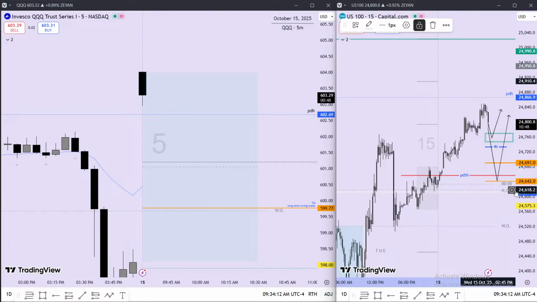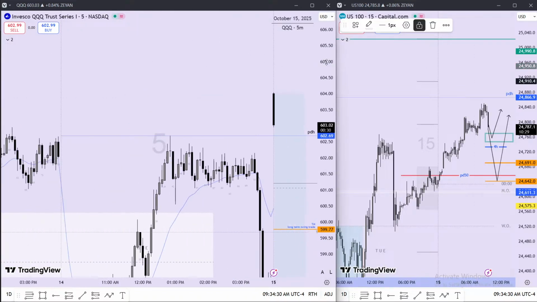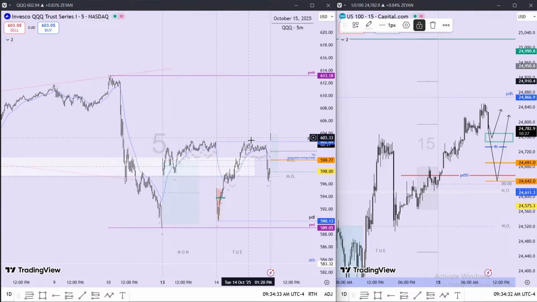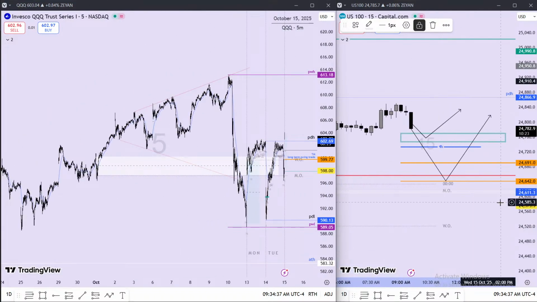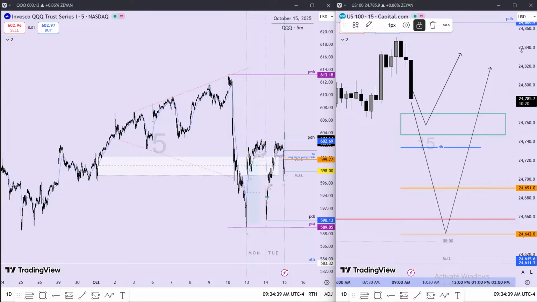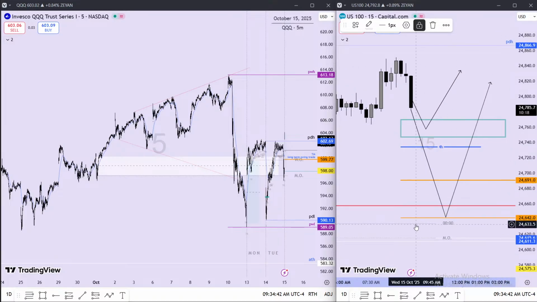the first 5 minutes is about to close as a bearish bar. So all in all, this price point 642 is the last line in the sand.